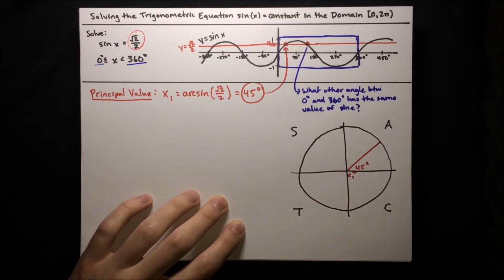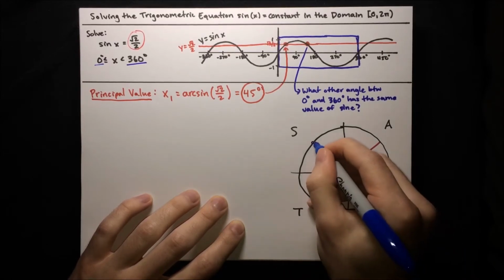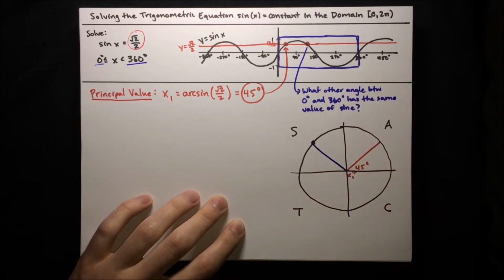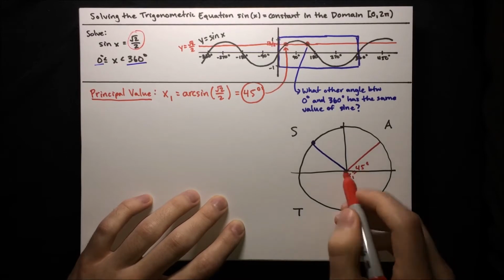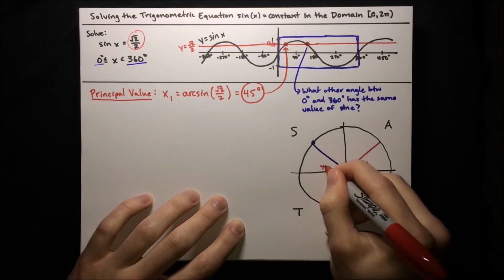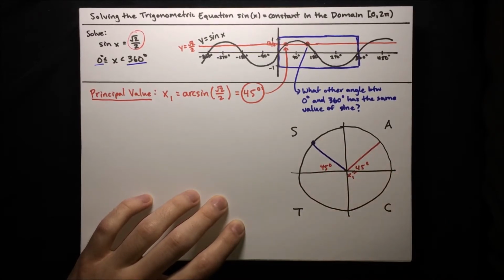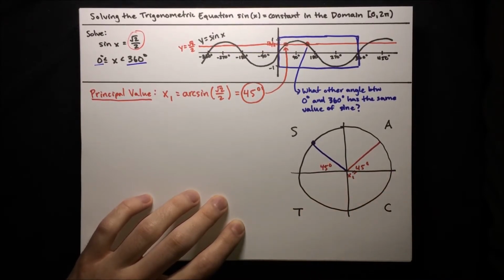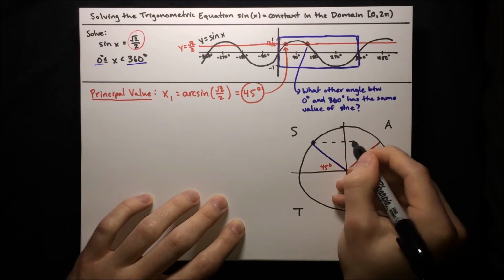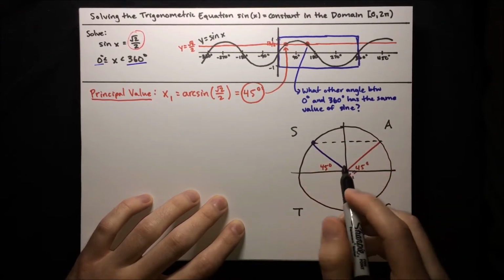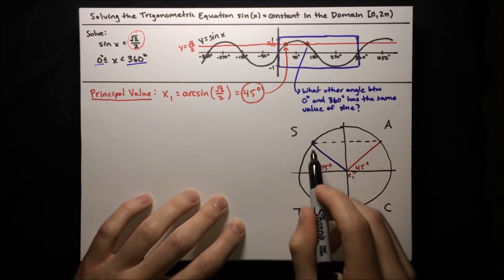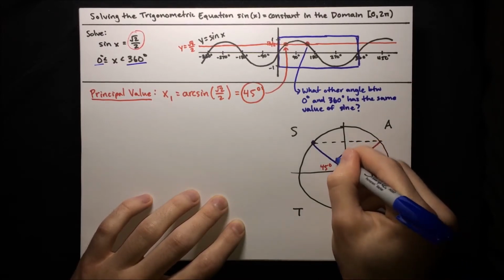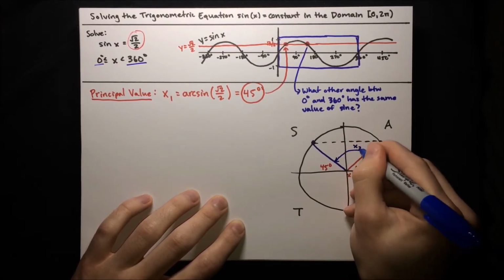So we also want the angle that is right here with still a reference angle of 45 degrees here. You can also think of it that these two angles have the same y coordinate. If we draw a little dotted line across, they reach the same height, and sine is just y. Either way, you'll come to the conclusion that this is the other angle that we want to find. This is our x2 angle.